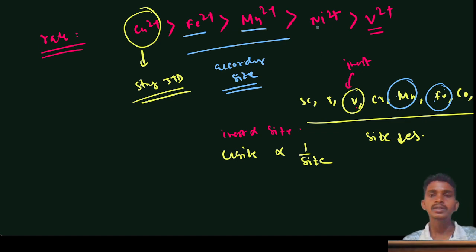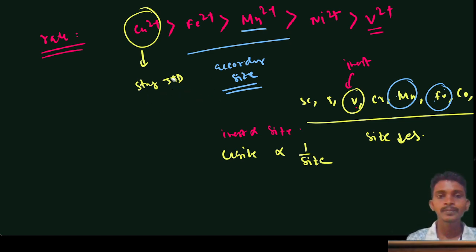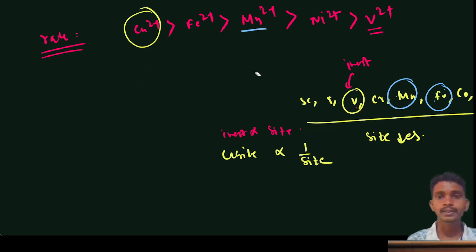We can explain according to size. Also, if you know the labile and inert order, then it is very easy to explain. Always remember that we explain accordingly, on the basis of size and on the basis of JTD. If you simply remember the labile and inert order, we can easily explain it.